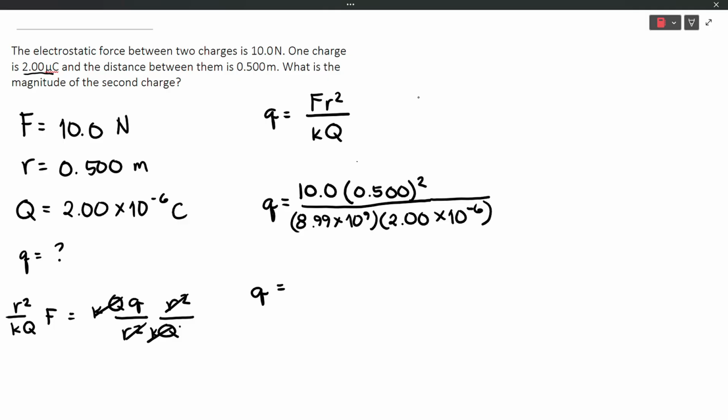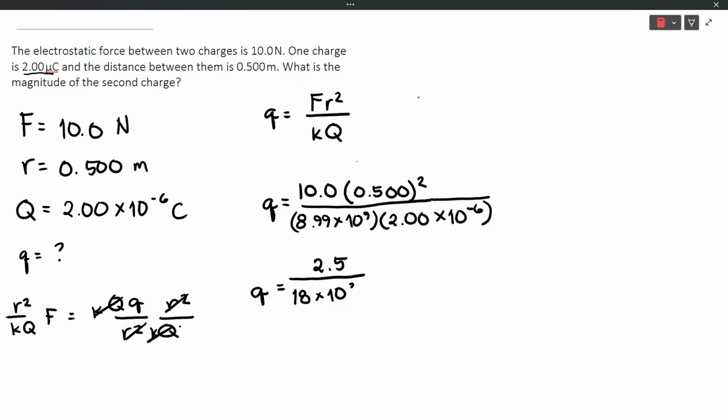Now, 0.25 times 10 is 2.5 over 9 times 2 is already 18. 18 times 10 raised to, this is 9, this is equal to 3.